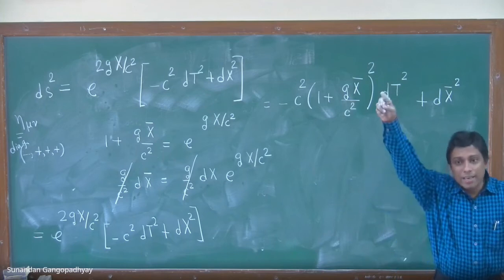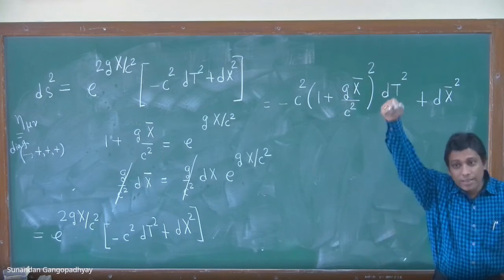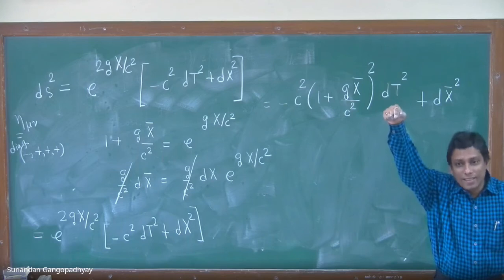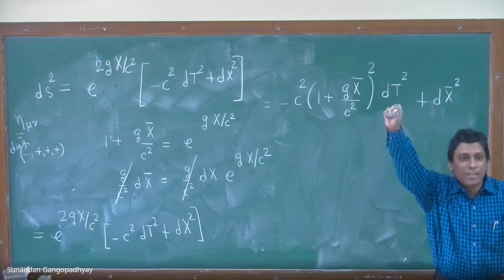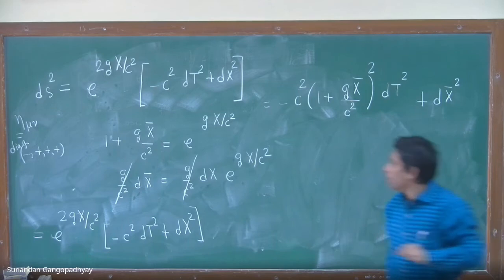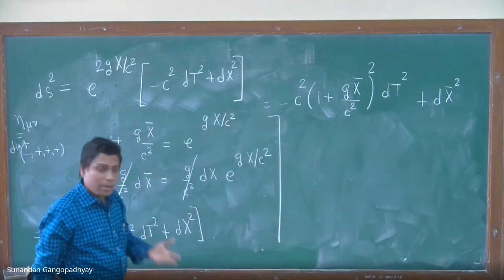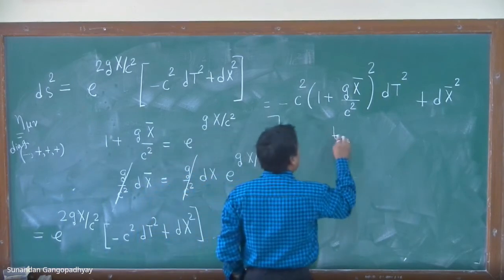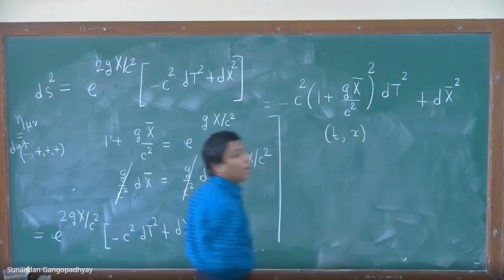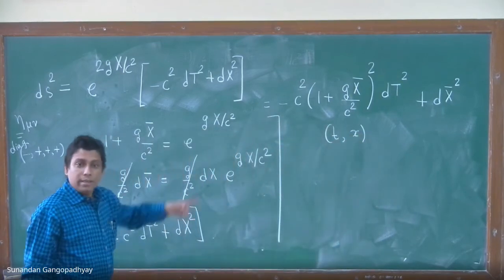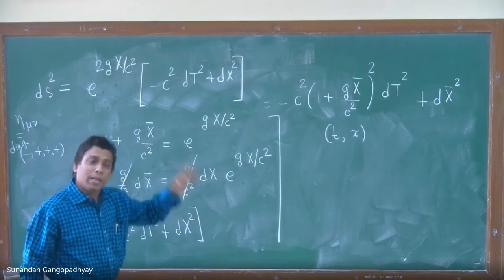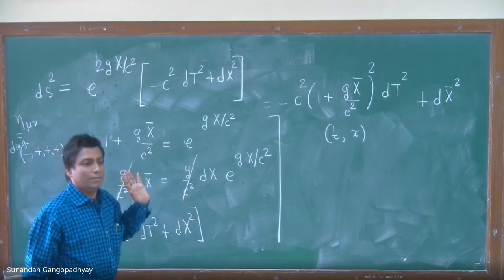An elevator that is freely falling. In the elevator there is no gravity, right? Locally there is no gravity. So this problem, when you turn back by the equivalence principle, you go back to these coordinates t comma x. In that t comma x, now you assume that there is a uniform gravitational field.